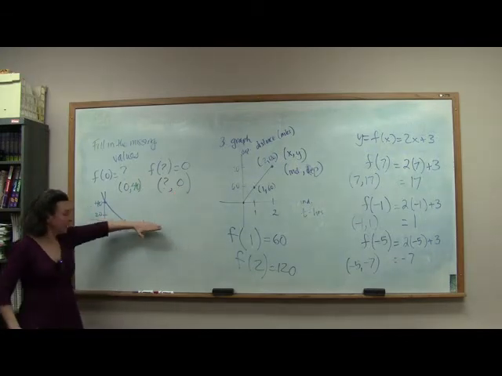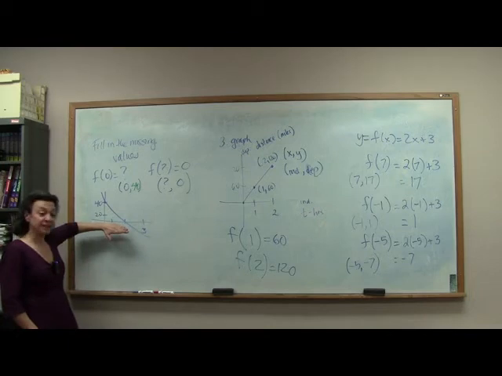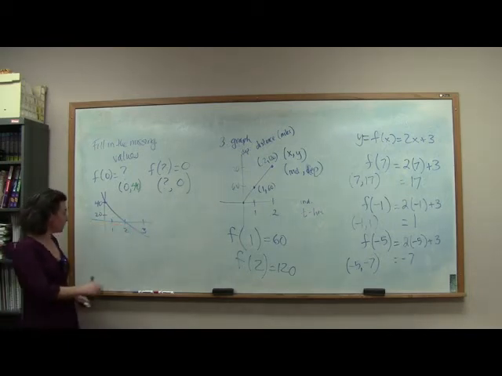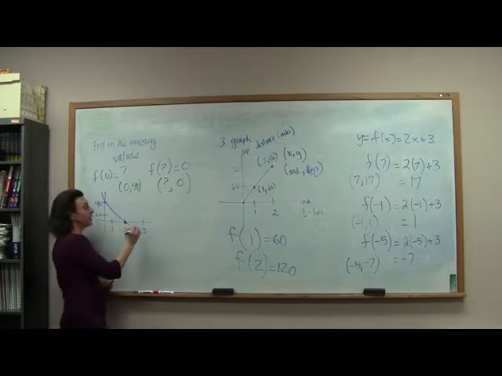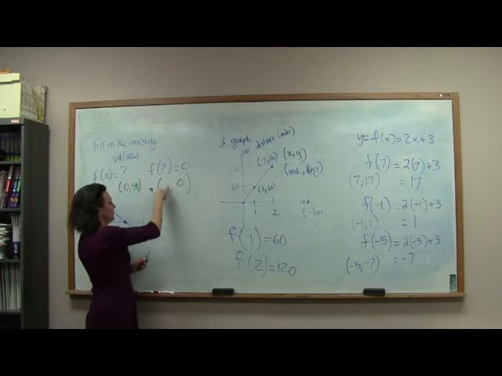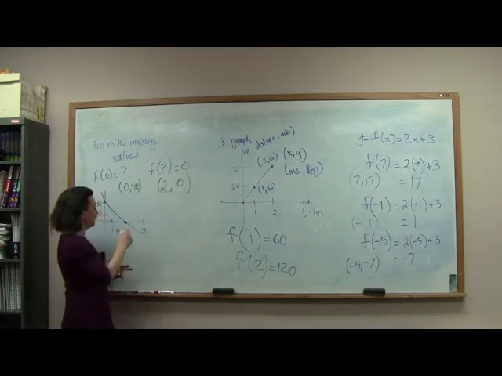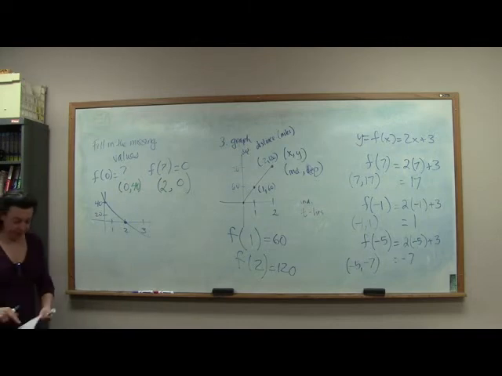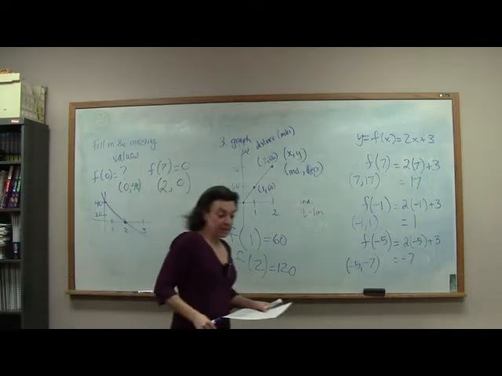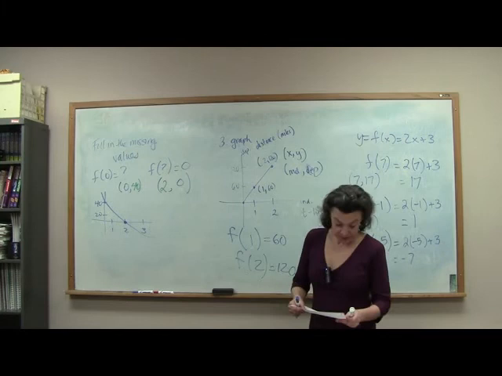Well, that's right down here on our horizontal axis. So I go to my horizontal axis and I say, this is where it's 0. What's my independent variable? 2. So I have a 2 there. Okay. Next, let's do this example.